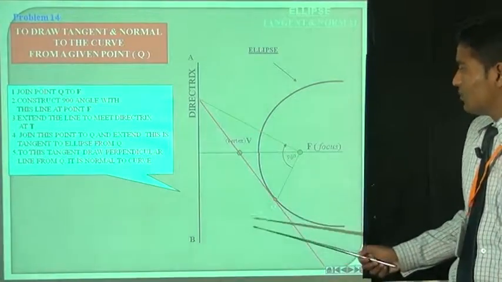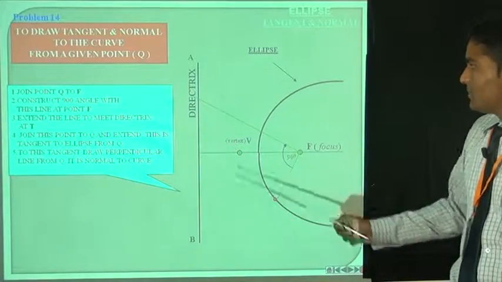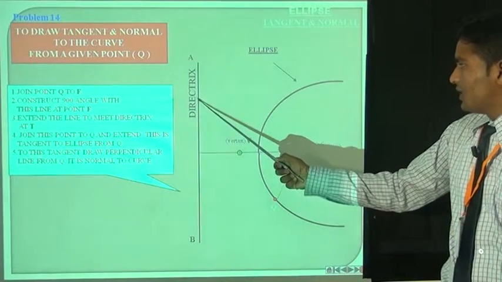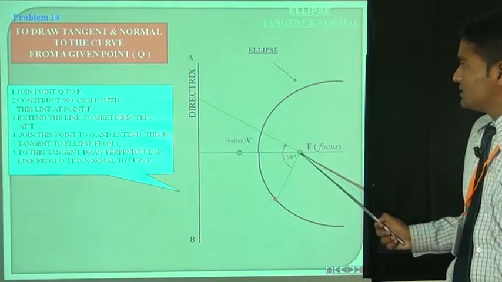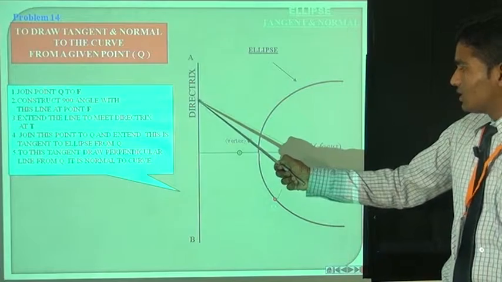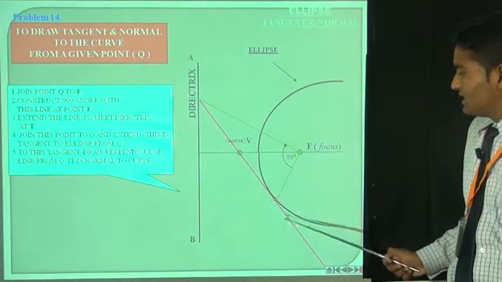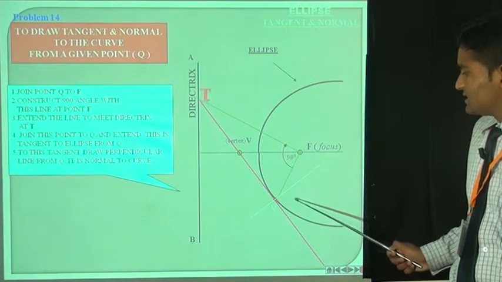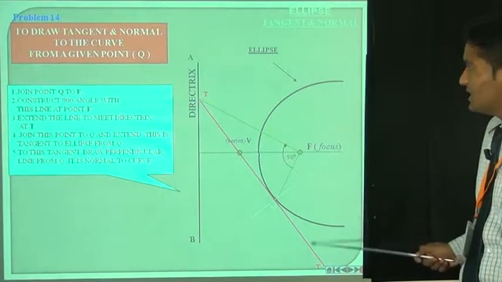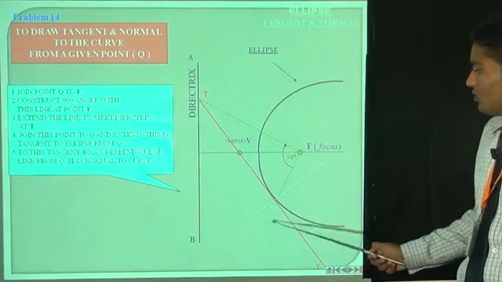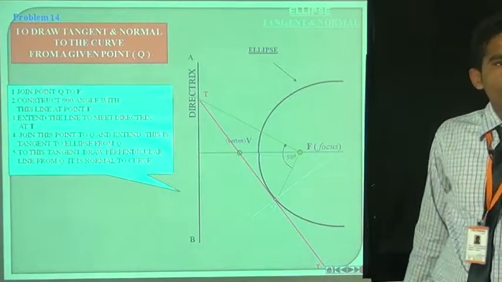So mark this point and connect. The next step is connect this point, which is the intersection of this line with the directrix, to Q, and this is the tangent and this is the normal at this point. So this is the required tangent of the ellipse and this is the required normal of this problem.